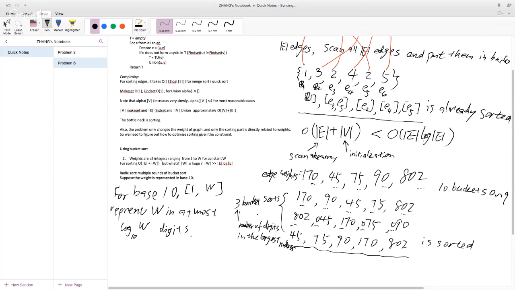Each bucket sort costs O(E): we need to scan the whole array plus the number of buckets, so there are altogether 10 buckets. So for radix sort, the time complexity is O(E plus 10) times log 10 of W.